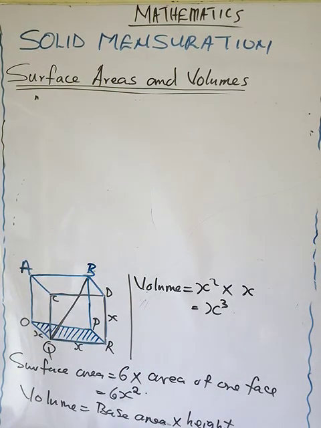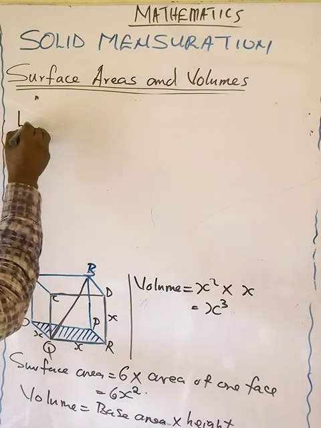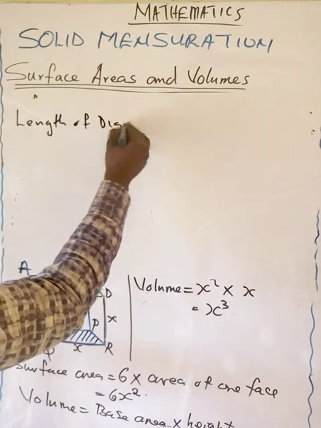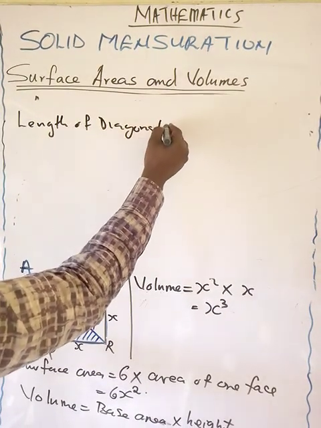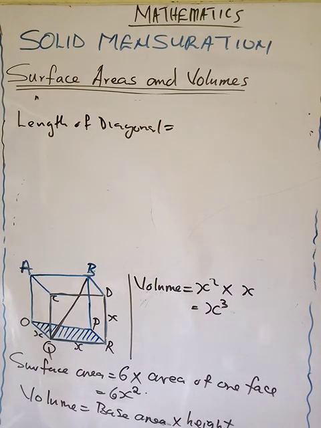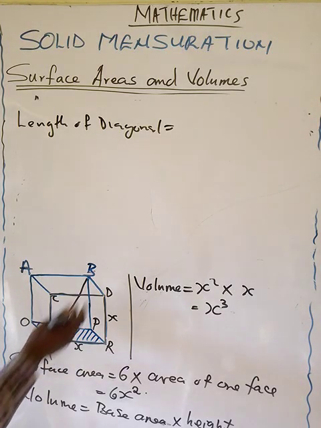Now, how do we calculate the length of the diagonal? What is our diagonal? Our diagonal is QB.